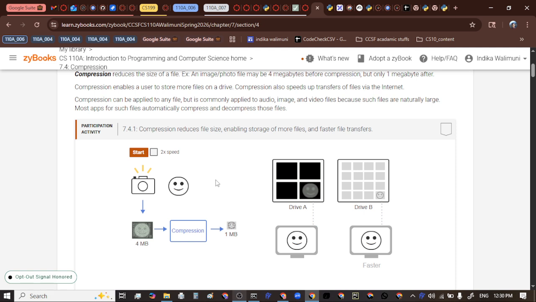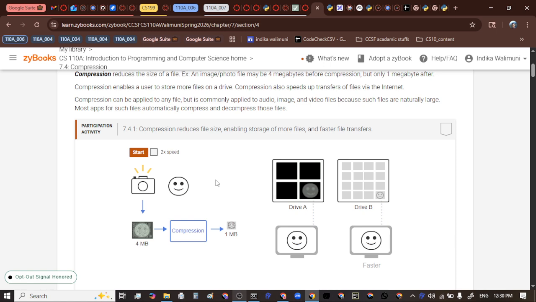That's one of the reasons a lot of websites use Portable Network Graphics, PNG files. They are actually a little bit smaller than regular JPEG files, right? So compression is important.